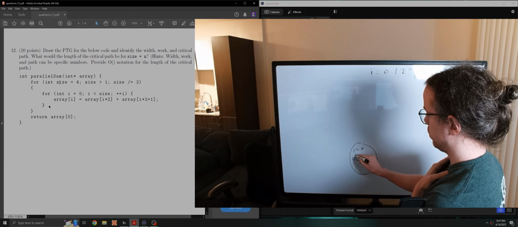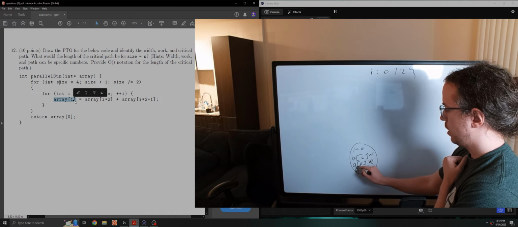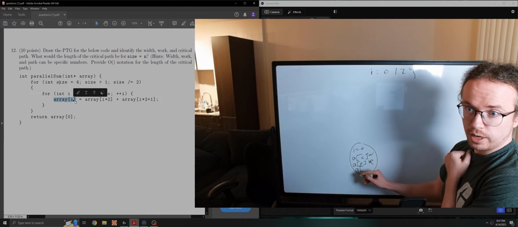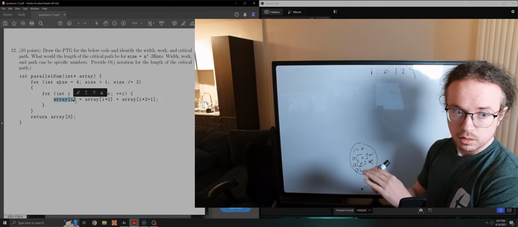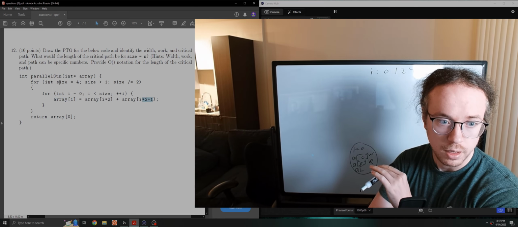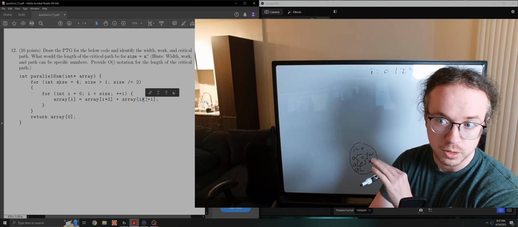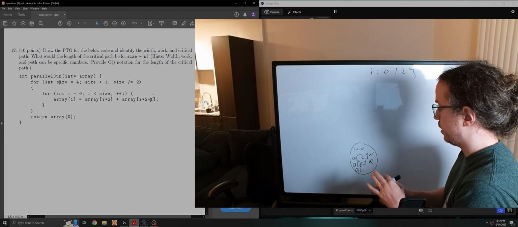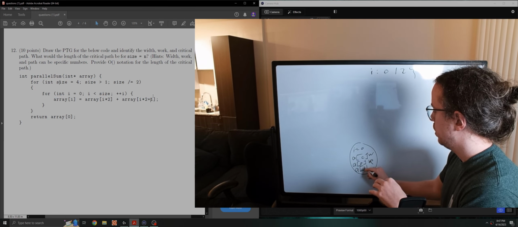A0 on this access is a write. We're going to write to A0. We're also going to read A0. And we're also going to access A at 0 times 2 plus 1, so A at 1, as a read.